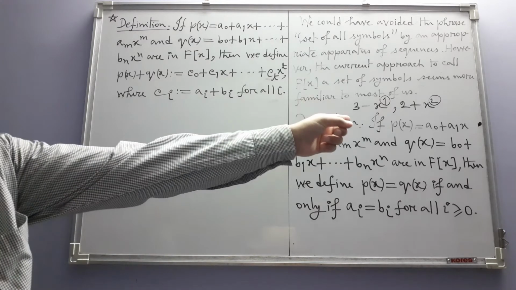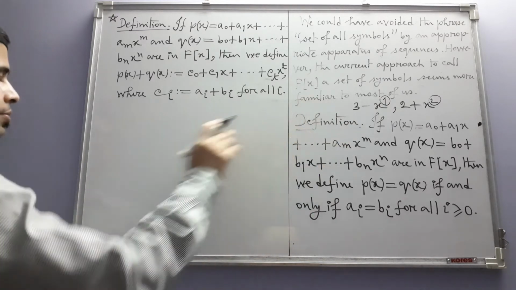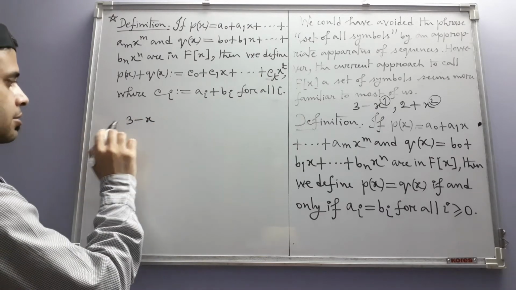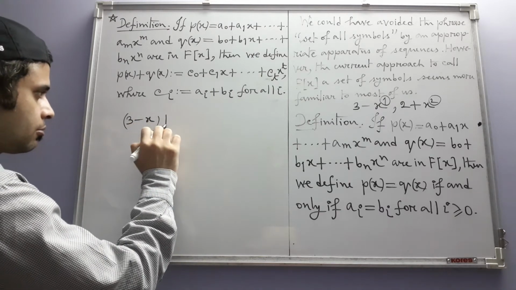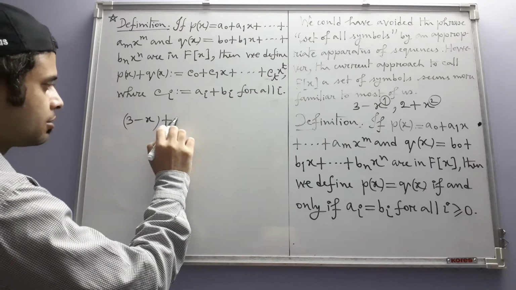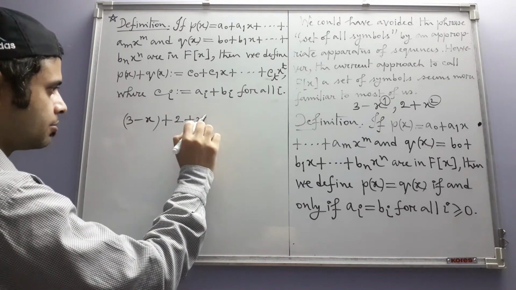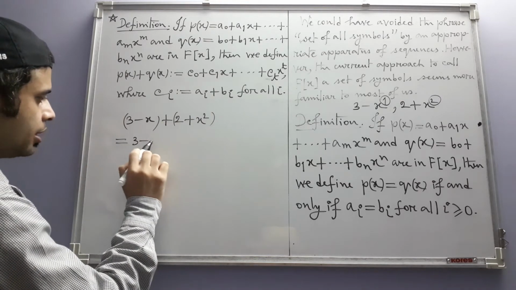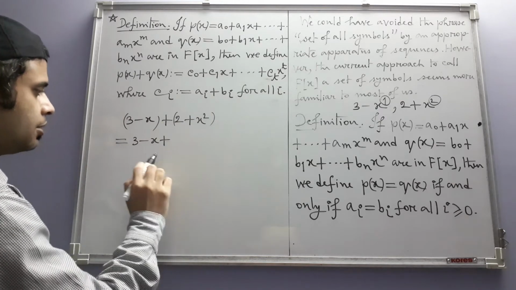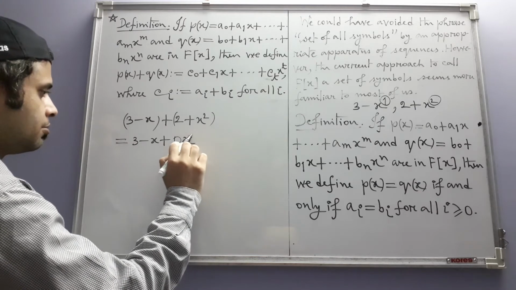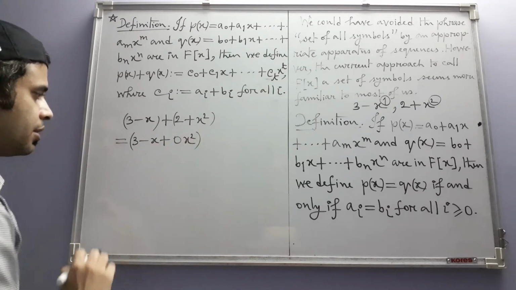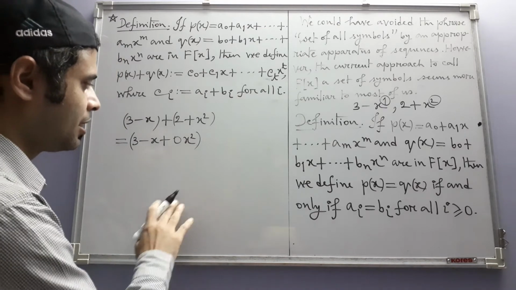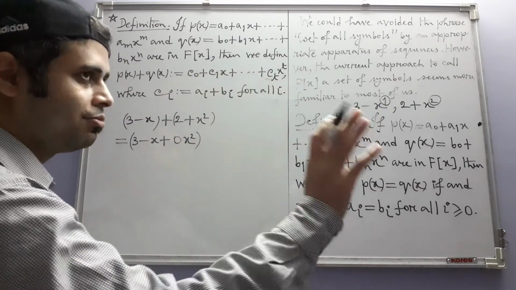Let's take this example itself. 3 minus x, that is your p(x), and 2 plus x squared, that is q(x). So you express this polynomial, you make both the polynomials have the same number of terms. In our interpretation it is infinite.